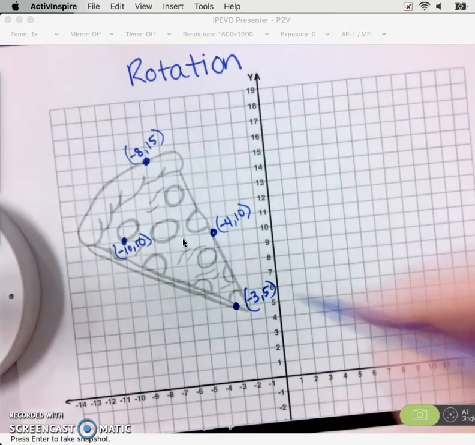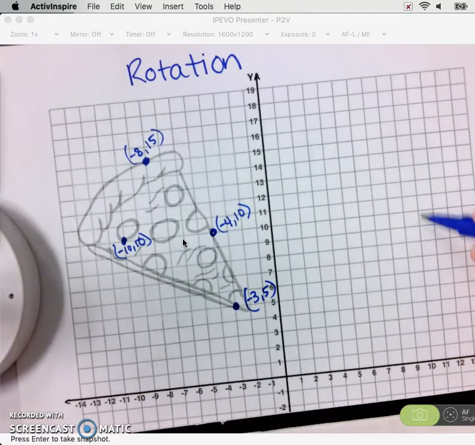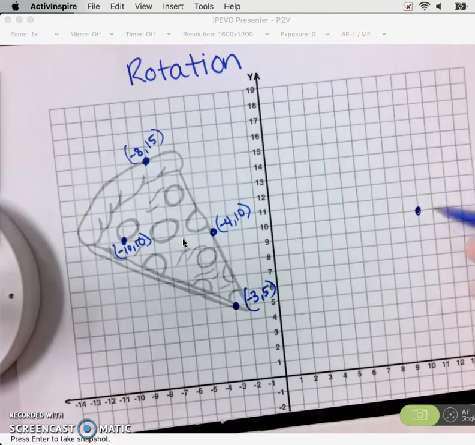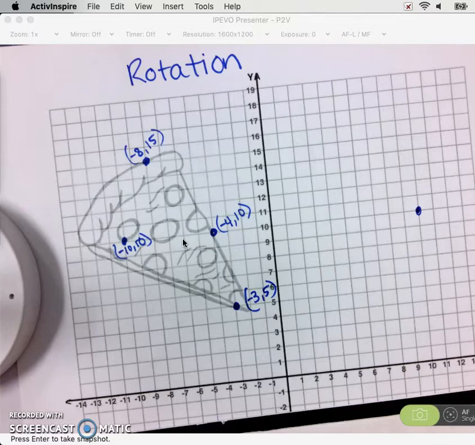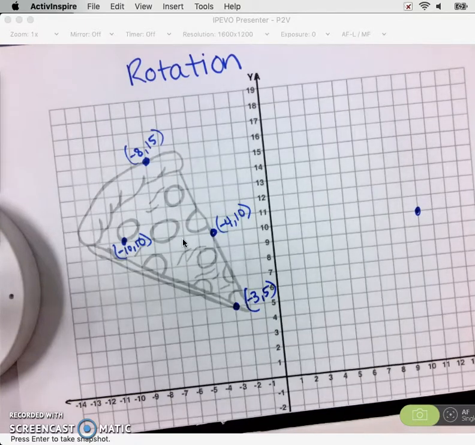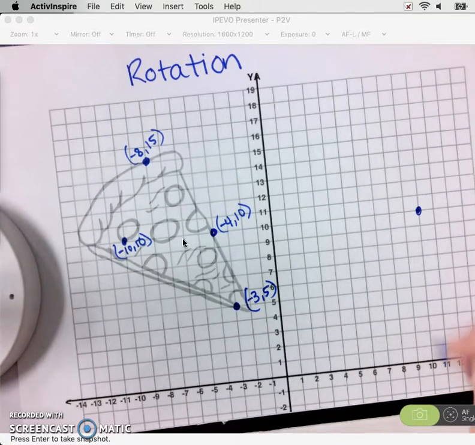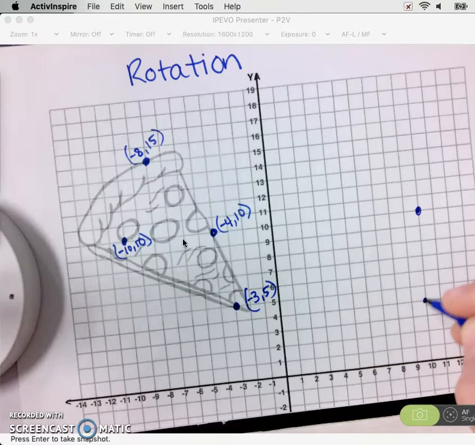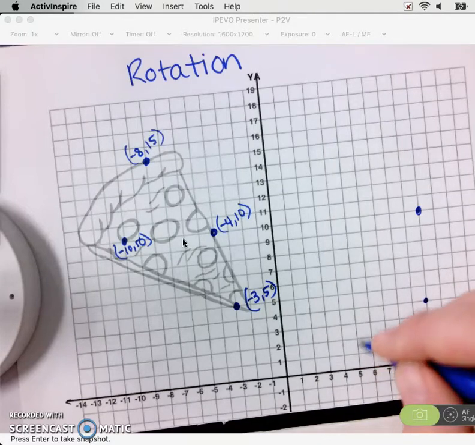So I have 10, 10, plot the point. 15, goes a little off my graph, but that's okay. 15 and up to 8. 10, 4. And 5, 3.